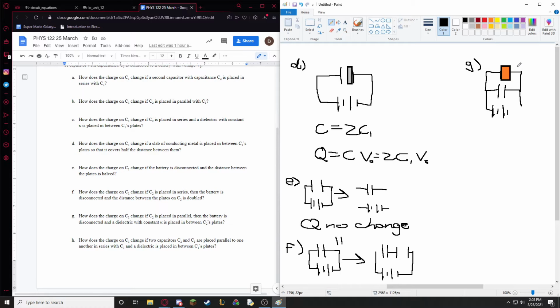So is our charge on C1 going to change at all? How does the dielectric affect the capacitance of C2 and the voltage drop across C2?